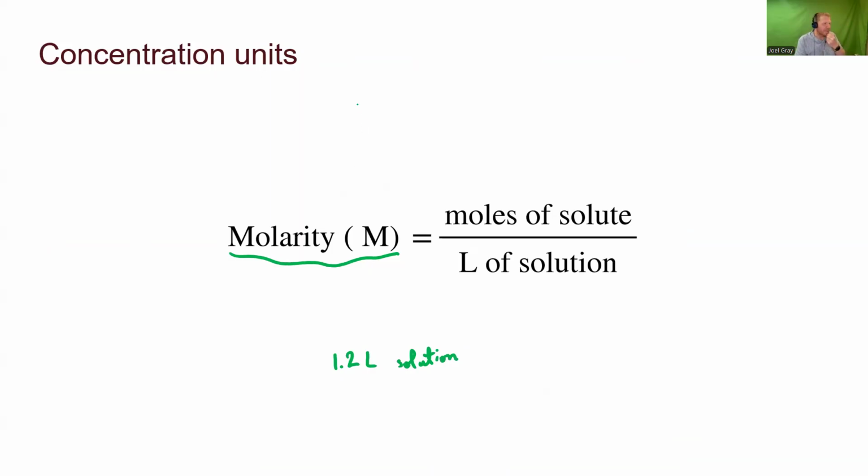And let's say that we had 1.2 moles of solute, 1.2 moles of NaCl. Tell me the concentration, the molar concentration, the molarity of this solution based on the number of moles and the volume. Does everyone follow that?